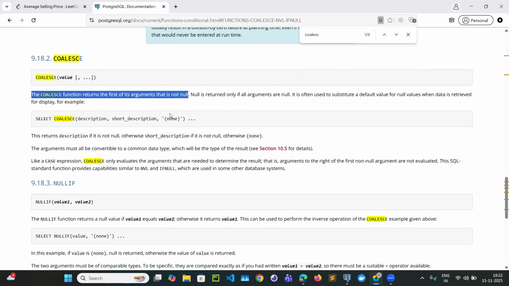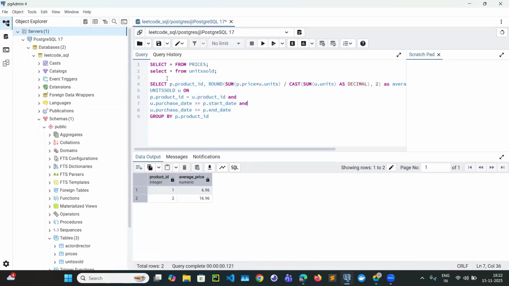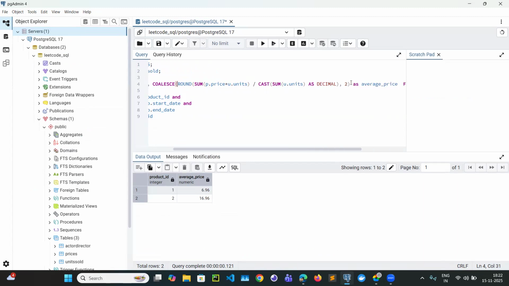So basically, we can give the default value. If it is null, then I want that particular default value. So let's try that as well. Either I can use the coalesce function directly here, but it will be more congested, and zero.